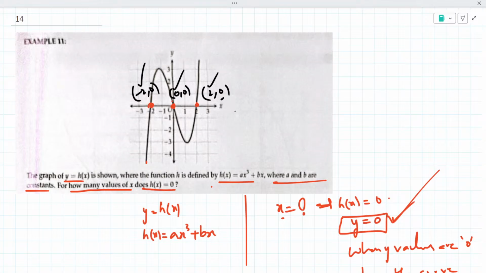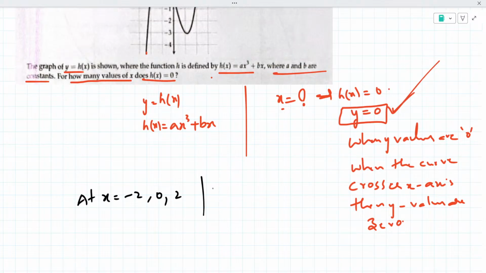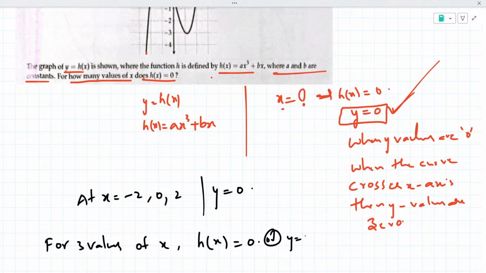So I will write it here. At x equals negative 2, 0, 2, the y value equals 0. For three values of x, h of x equals 0, or y equals 0.